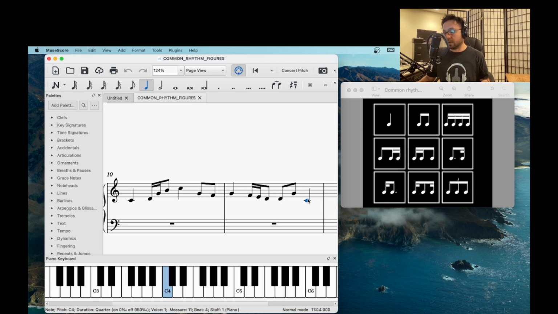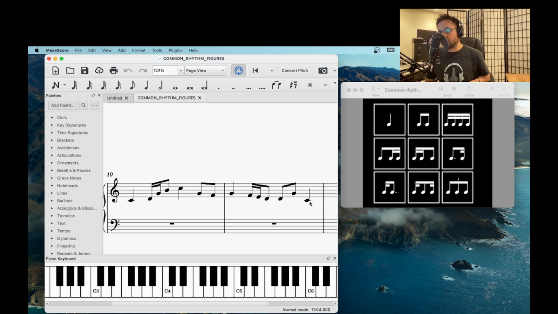And then I end with a quarter note. So rhythmically, this would sound something like this: 1, 2, 3, 4. Ta ta ta. Sorry. 1, 2, 3, 4. Ta ta ta ta ta ta ta ta ta ta ta ta ta ta.